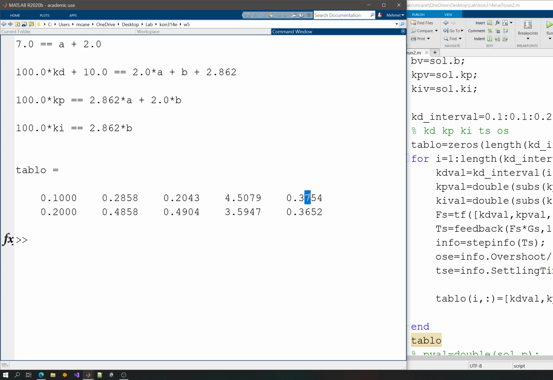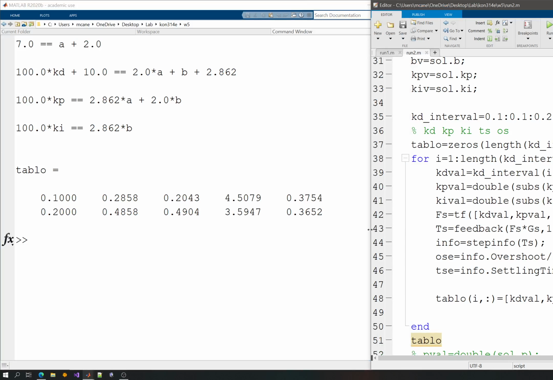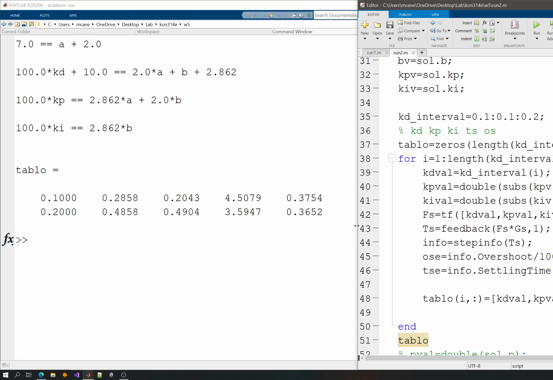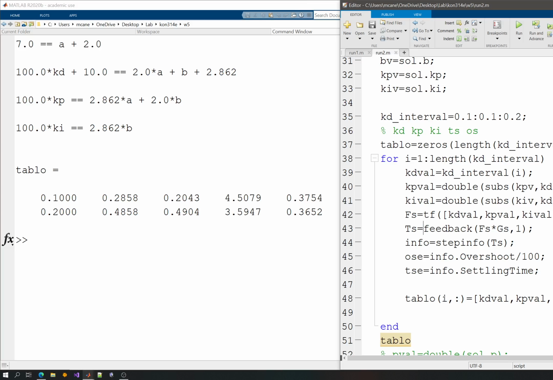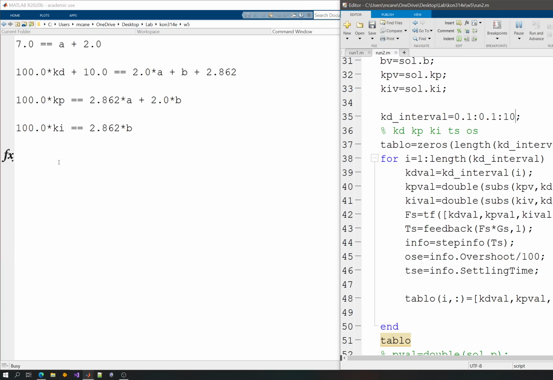That's not bad, but my overshoot is too much, and it seems like if I increase my KD value here, it should decrease the overshoot, but my settling time is also decreased, so this might also be not that ideal. But we will see that if I am gridding it in a bigger interval.